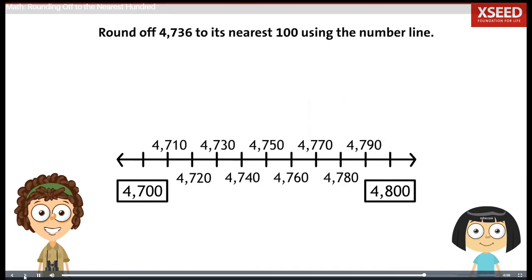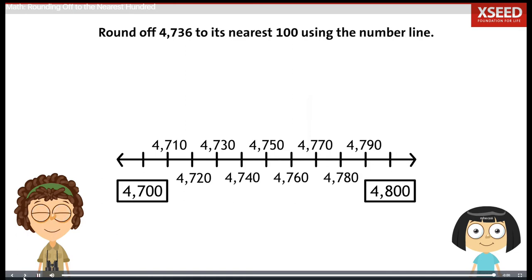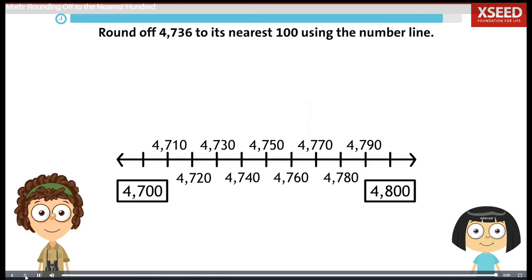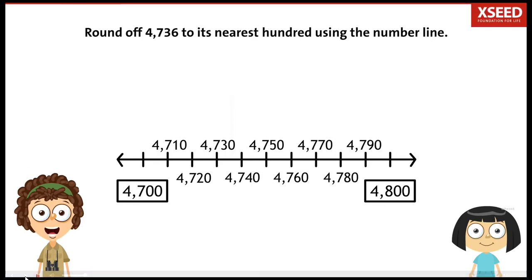Now plot 4,736 on the number line, and then round it off to its nearest hundred. Mia, how did you round off 4,736 to its nearest hundred?